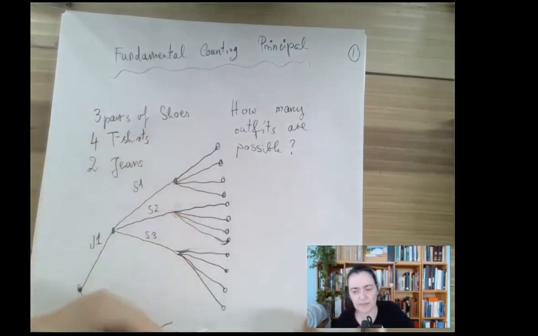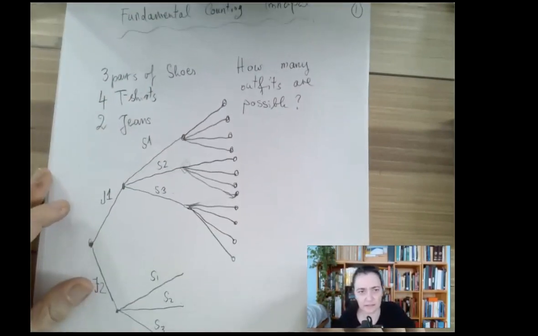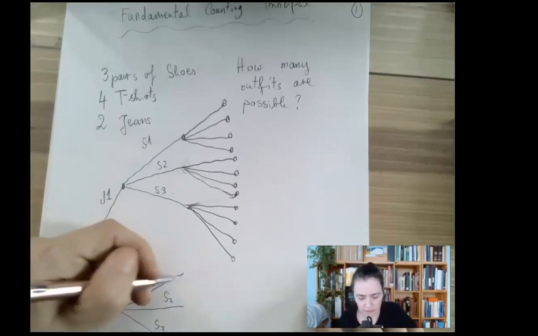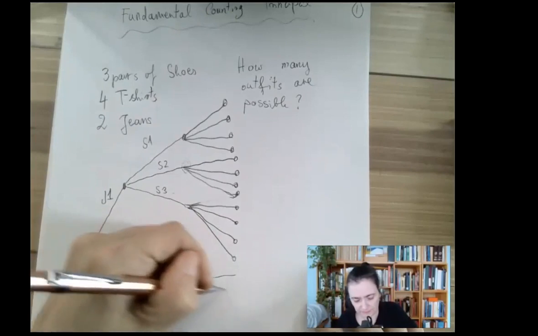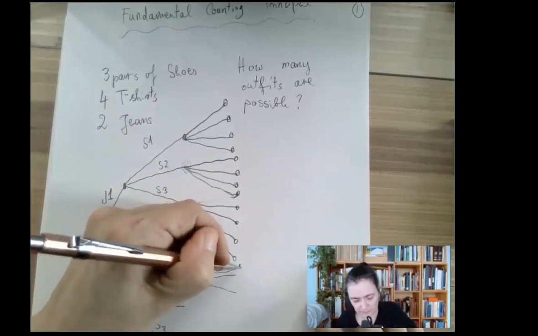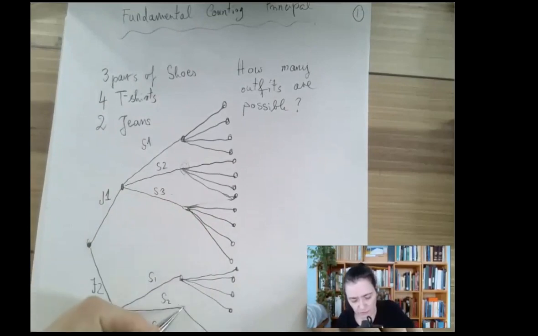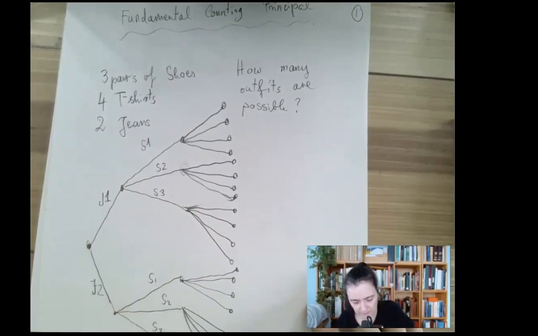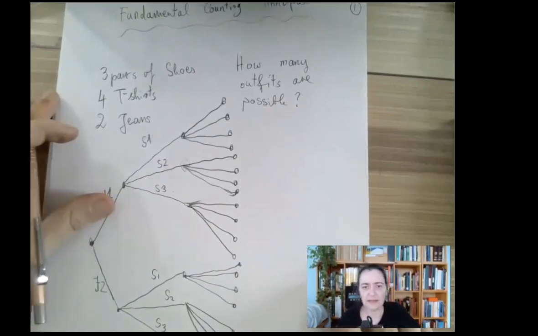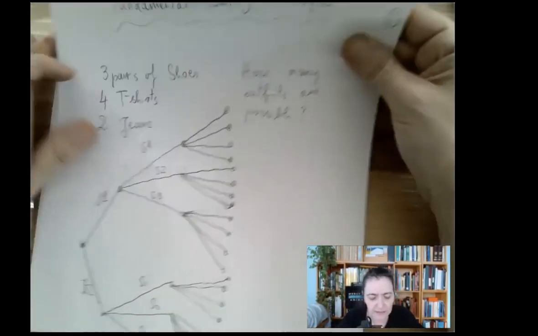How many little blobs are going to be at the end? 14? But first of all, thank you to those of you who are answering me. I ran out of space. But 24.